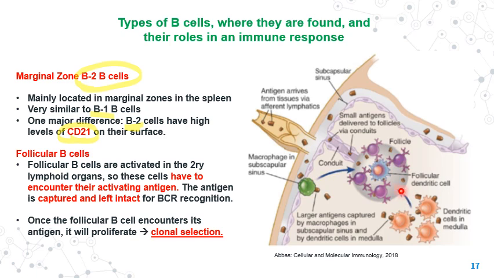So when those antigens get in there and the cell gets activated, you're going to have the clonal selection, and these cells are going to shoot out IgM antibody. Remember, IgM is a pentamer, right? Now, after that, you can have the meeting of your activated B cell with your activated T cell.